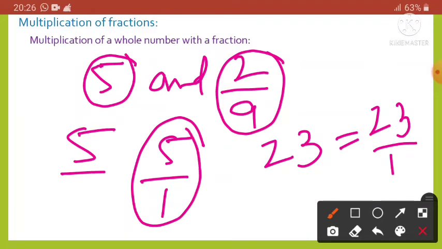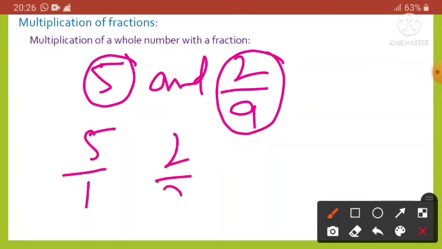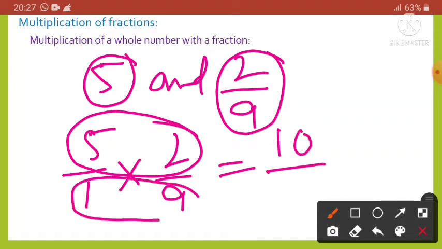Here, if we write 5 as a fraction, it is 5 by 1, and the next number is 2 by 9, and we have to multiply both fractions. We just multiply the numerators: 5 into 2, that is 10, and also multiply the denominators, here it is 9.